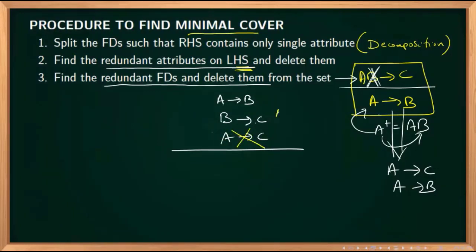When I take A closure in the remaining functional dependencies, I am getting A, B, C. This clearly shows that A to C is already there without the help of the explicit A to C. So A to C is already a member of A to B and B to C.